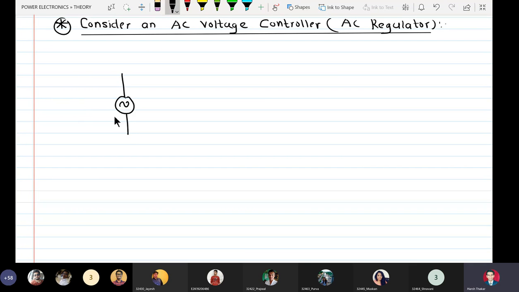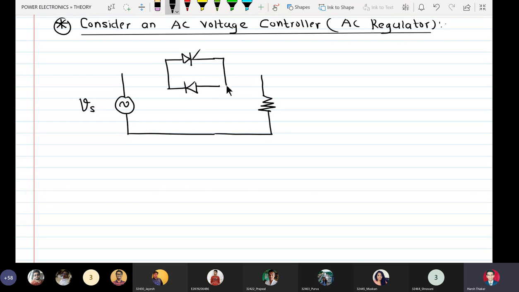We have a single phase AC here, Vs, and we have a load here, and in between both of them we have a back-to-back connection between two SCRs.